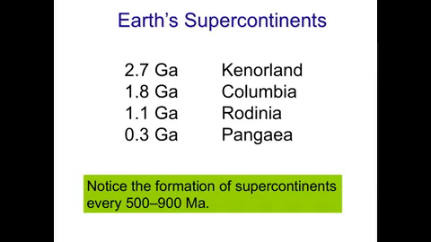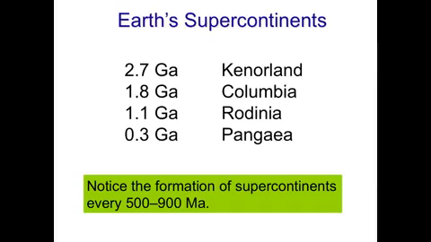So, as I pointed out, the Earth has gone through several of these supercontinents, Pangea being the most recent, but before that, Rodinia, before that, Columbia, and then there's even evidence before that of an earlier supercontinent around 2.7 billion years ago called Kenorland. What we see then is the formation of these supercontinents every 500 million to 1 billion years in this cycle.